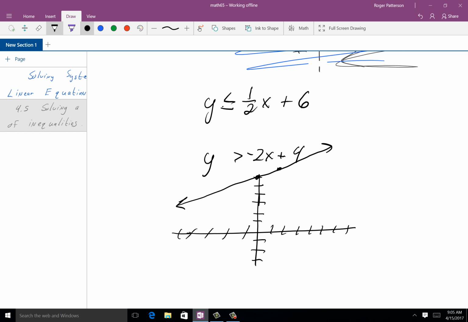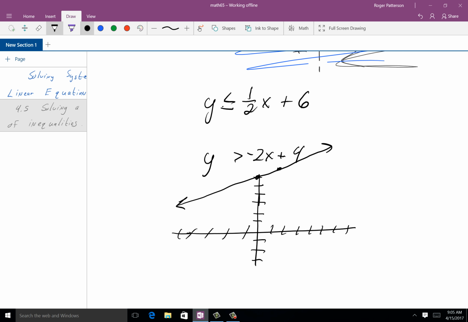Now, you did this in Math 60, I believe, right? You graphed these. Did the instructor tell you to pick a point and decide which way to shade? Or did they just tell you to read the equation? I remember she taught us how to shade it, but this is the part where I don't understand.